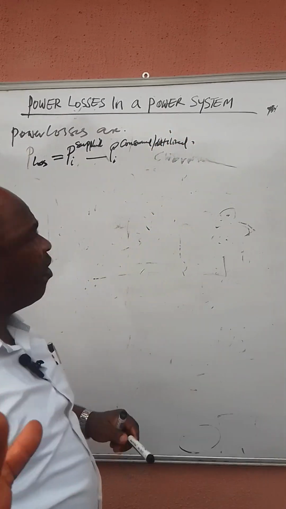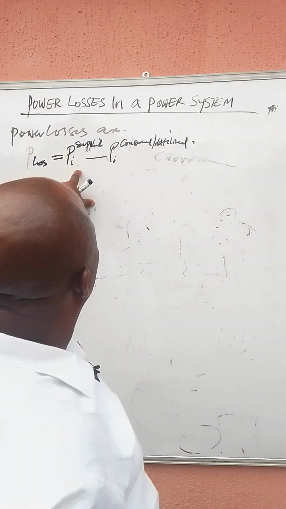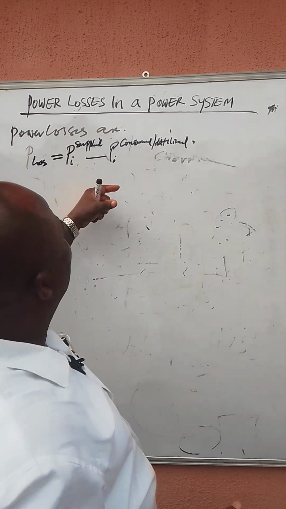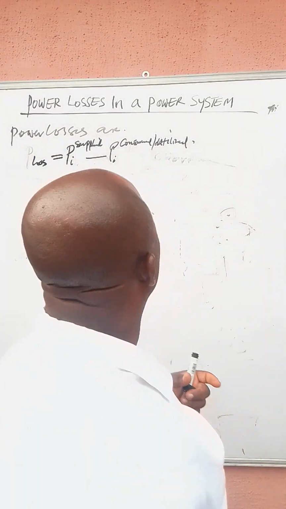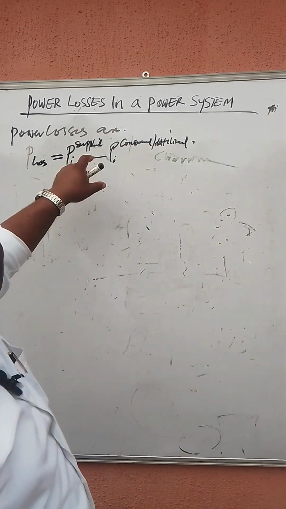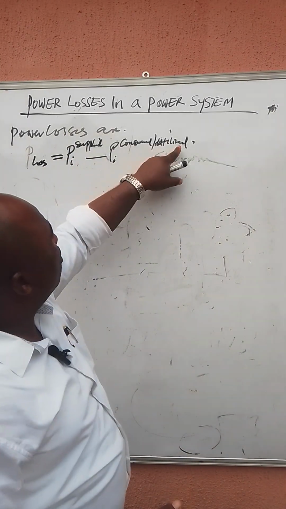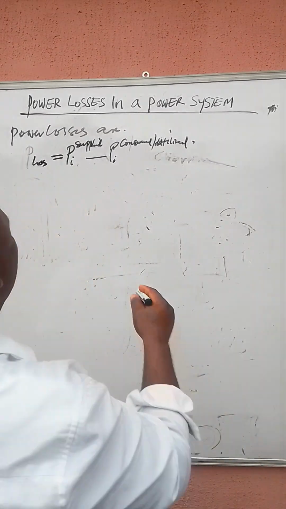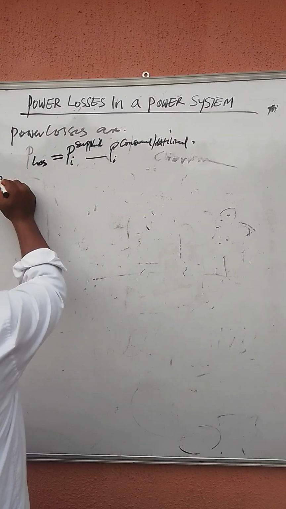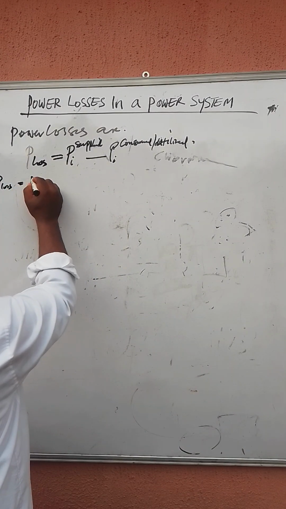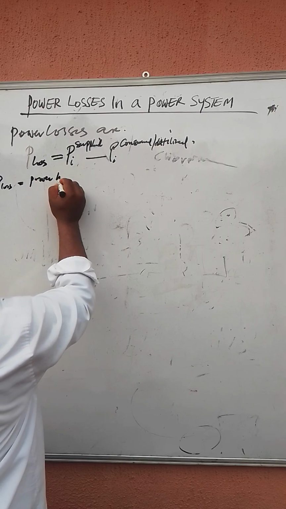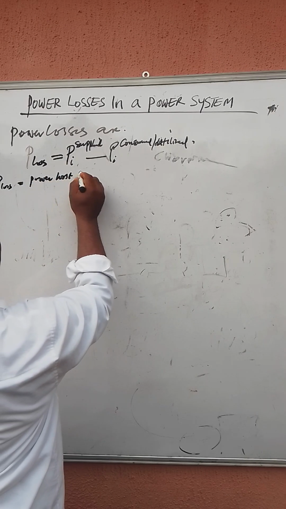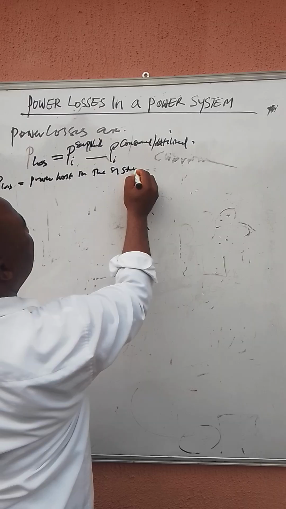So when power is supplied and then utilized, the difference between the power supplied and power consumed gives us what we call the power loss, where P loss is equal to power lost in the system.